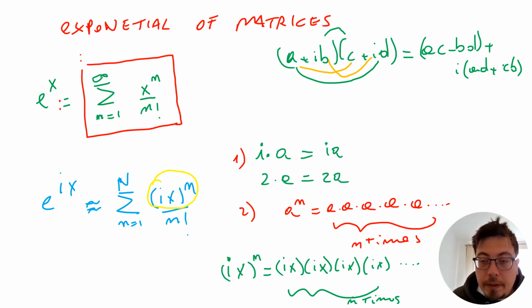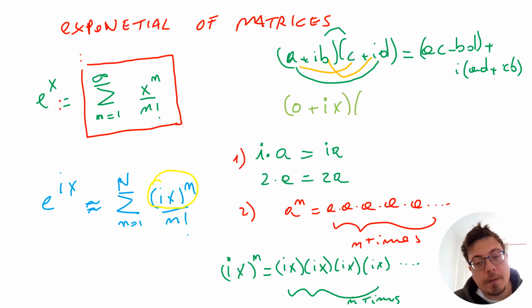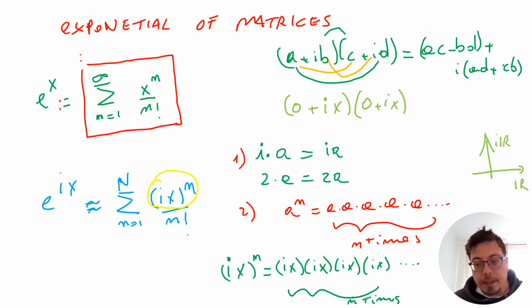Now for our special case, ix, we remember that we can add a 0 as the real part, because every imaginary number can be thought of as a complex number with a real part of 0, which makes sense because of how we put it on the graph: here the real numbers and here the imaginary numbers. When the real part is 0, we get this imaginary line.